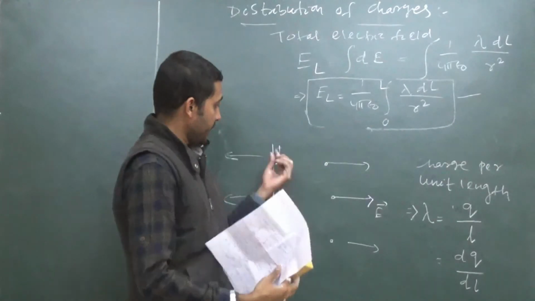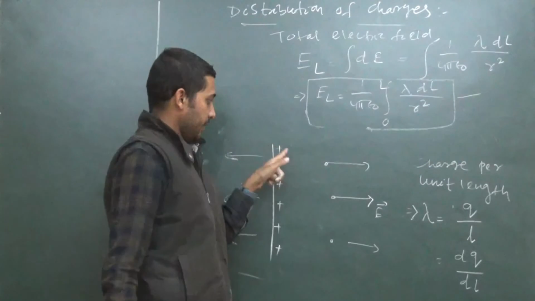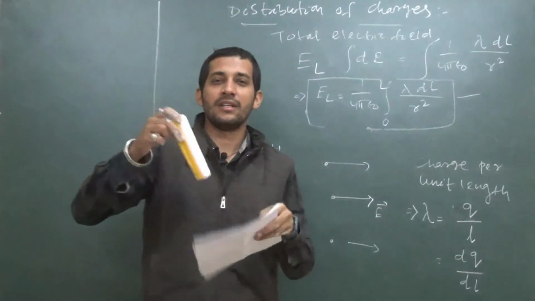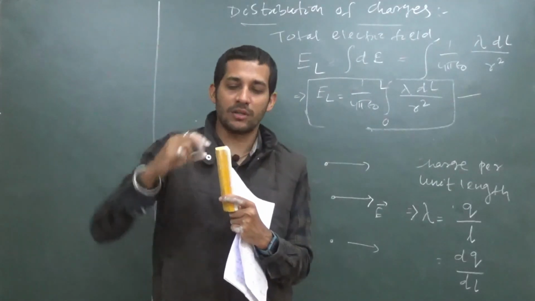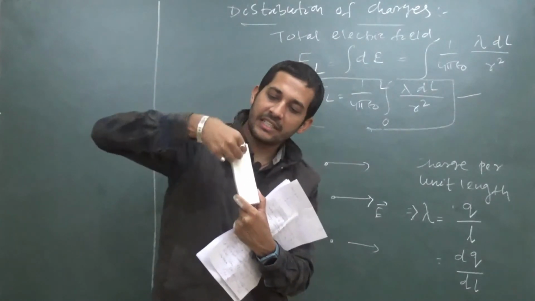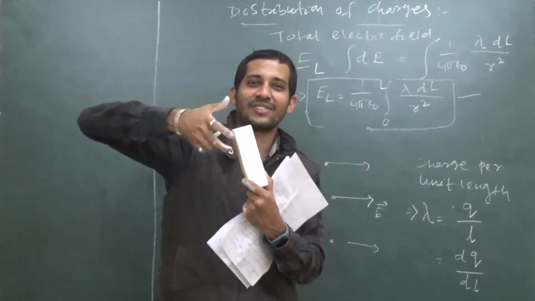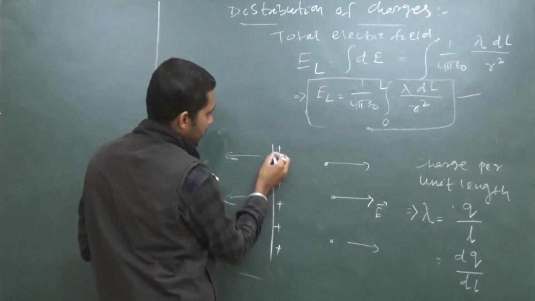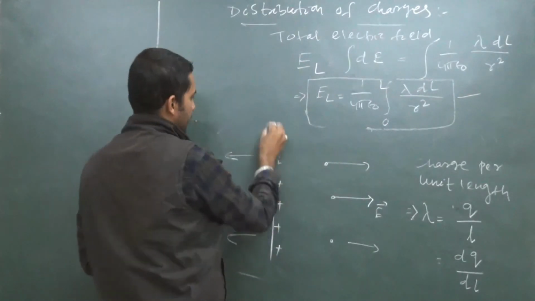If any point is placed here, the field will be coming out; for any point inside the board, the field will be going in. So it will be like a brush, like the brushes we use to clean our bottle, where the needles come out everywhere outside, forming a spherical structure. So for this charge, it can come out, it can go this side, this side, or go in.